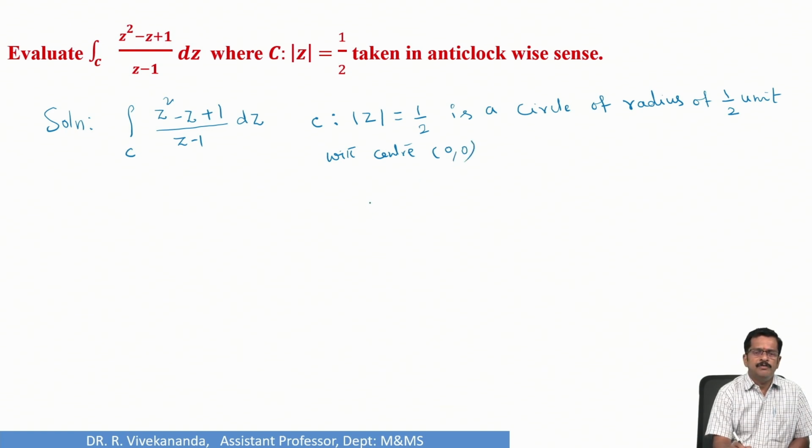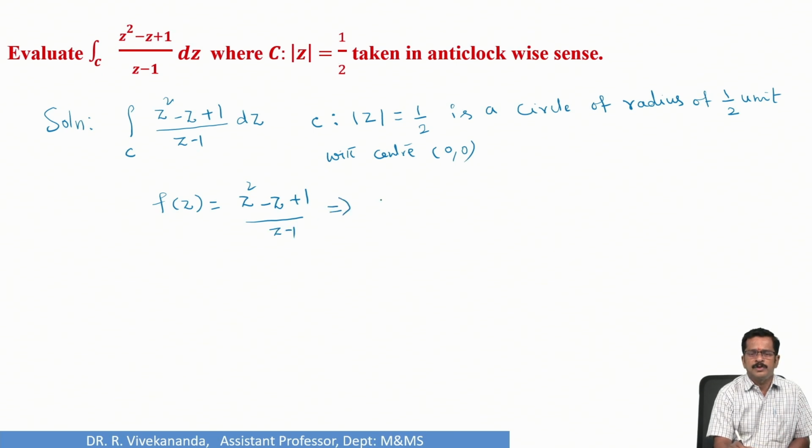Now to evaluate integration for the given function, first let us know whether any singular points exist or not. To find singular points, you equate here f of z equals z square minus z plus 1 by z minus 1.